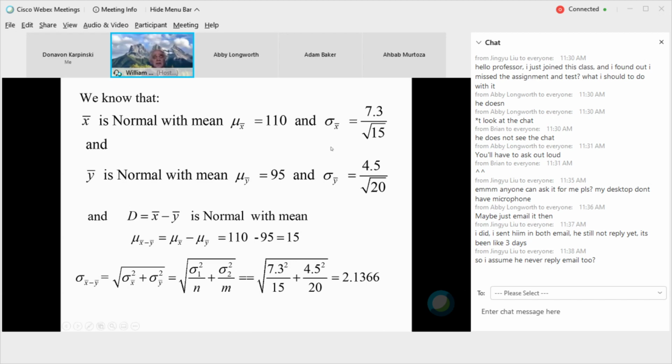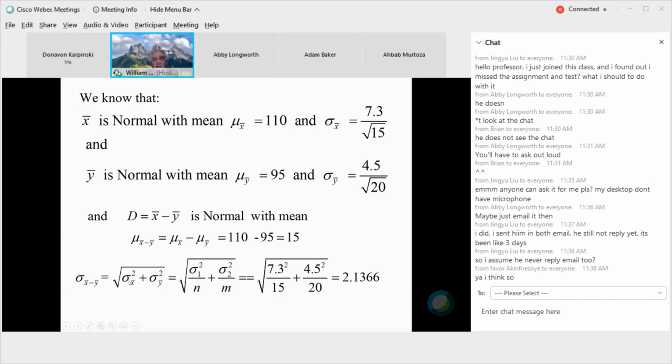Y bar comes from a normal distribution, mu Y bar is equal to 95. Sigma Y bar is 4.5 over square root of 20. So the difference has a mean of 15. The standard deviation is the more difficult computation.